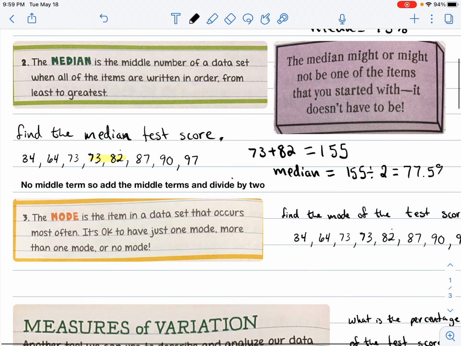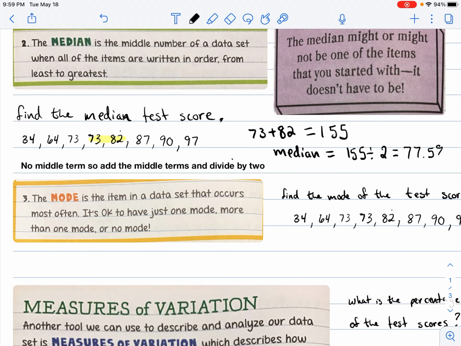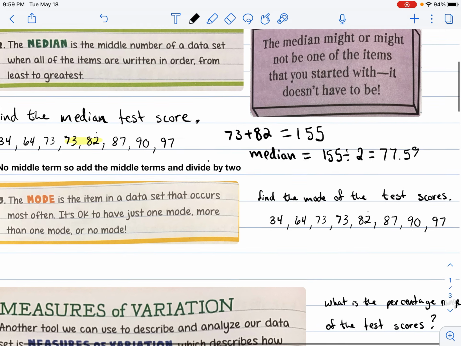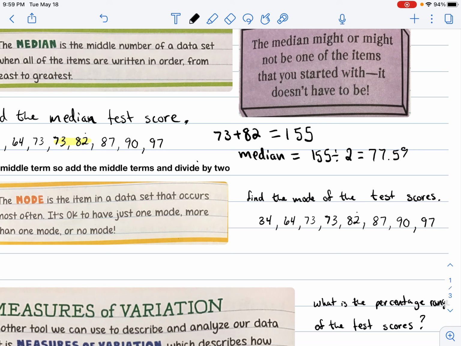Okay. Next one is the mode. So the mode is just the item in a data set that occurs most often. You can have more than one mode, or you might not have a mode at all. So looking at the data, what test scores appeared twice? Well, you have 73 and the second 73.